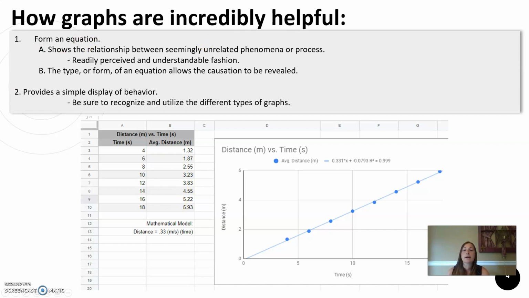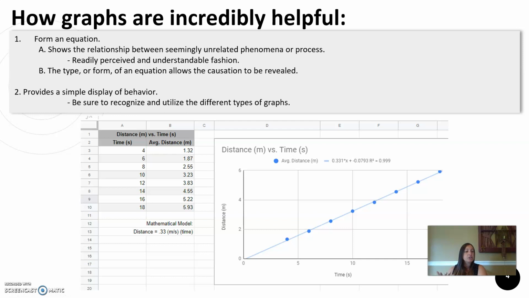The reason that graphs are incredibly helpful from the quantitative aspect is that you're able to form an equation, which is really helpful. We know if we want to just plug and chug, which was another chapter within the book, but it also will predict future phenomena. So if you wanted to know at a time of 28 seconds, where is this object going to be?